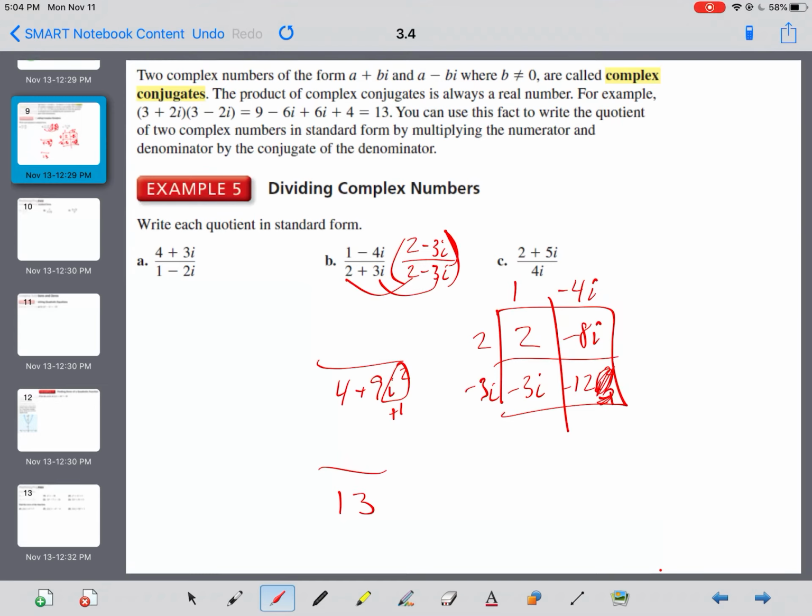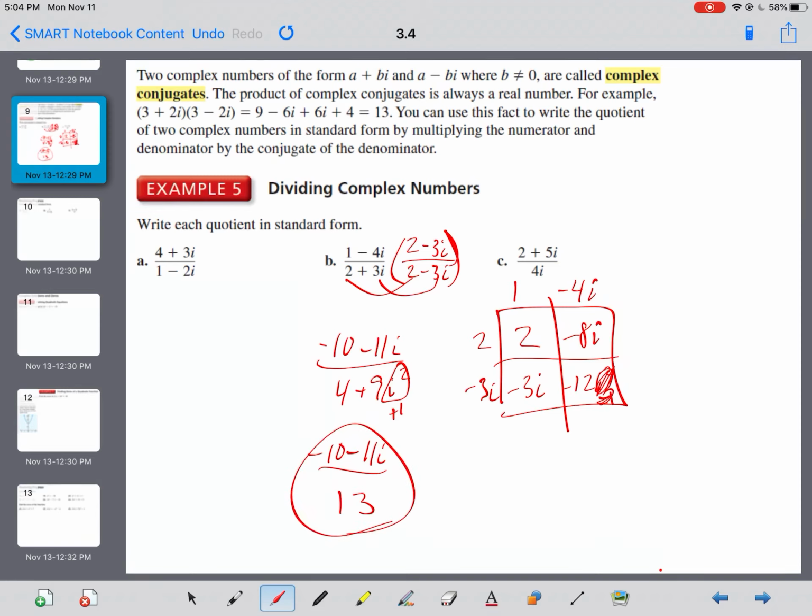That's a negative 1, so it makes it negative 12. So that's negative 10 and negative 11i. So negative 10 minus 11i, all over 13.